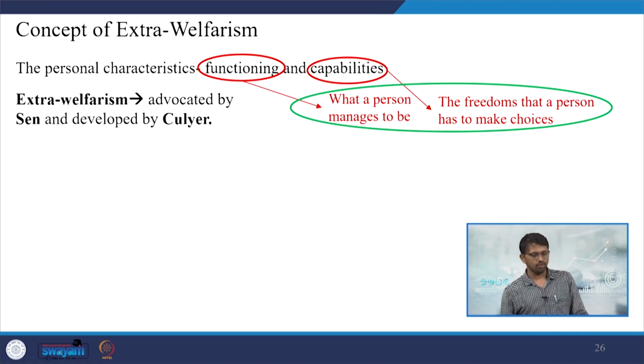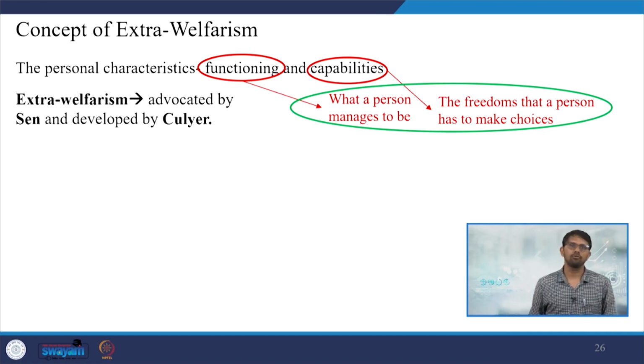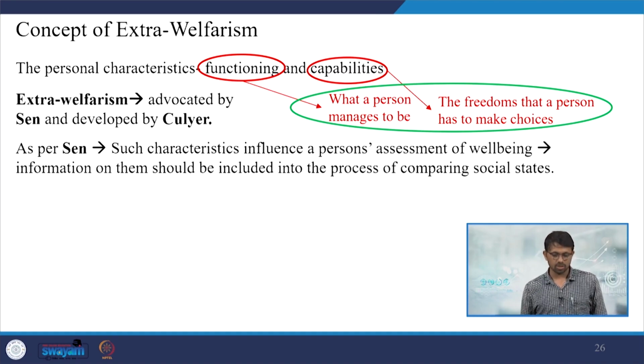Extra-welfarism is a concept advocated by Professor Sen and developed by Culyer. As per Sen, characteristics that influence a person's assessment of well-being, information on them should be included in the process of comparing social states.